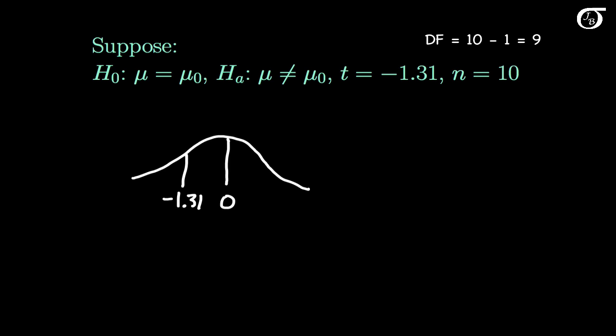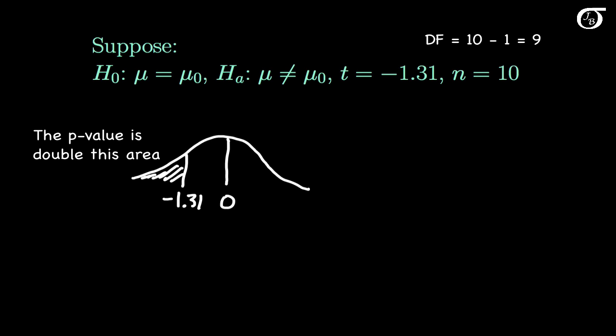As we've discussed previously, for a two-sided alternative hypothesis, the p-value is double the area in the tail beyond the observed value of the test statistic. So here, the p-value is going to be double this area in the tail to the left of the test statistic. But before we go to the table, we need to remember that negative values of t are not given in the table. And that's because the t-distribution is symmetric about 0, so we can find areas in the left tail by using areas in the right tail and a little logic.